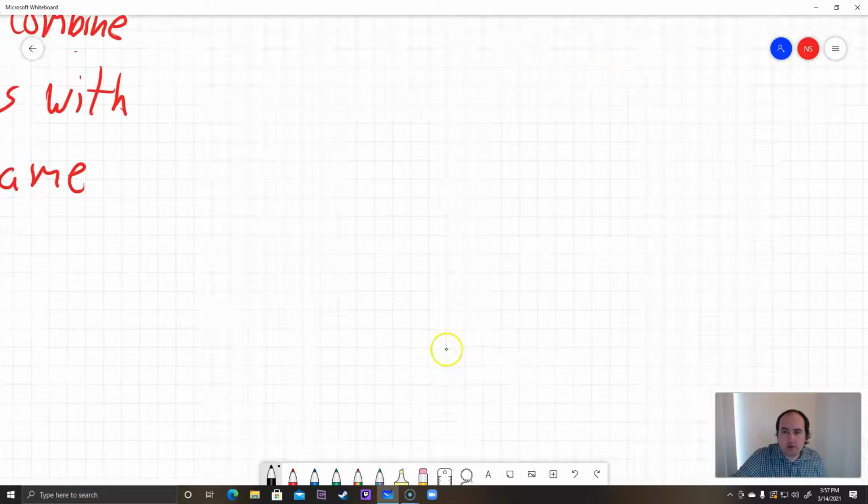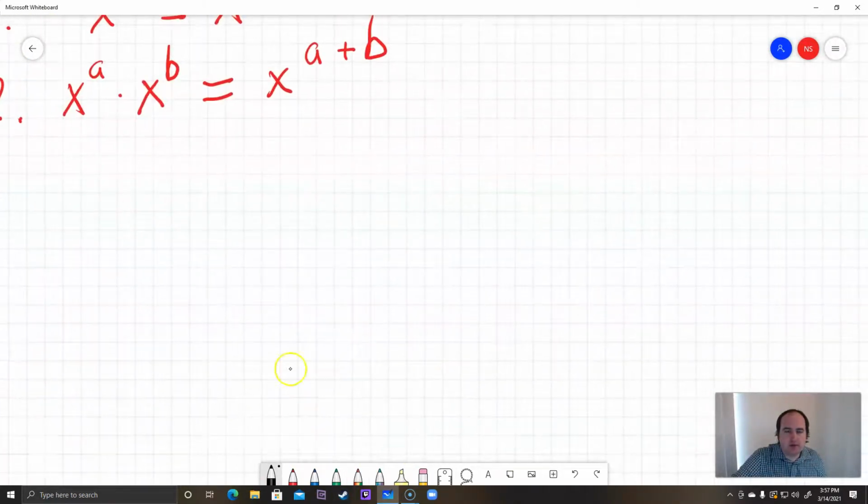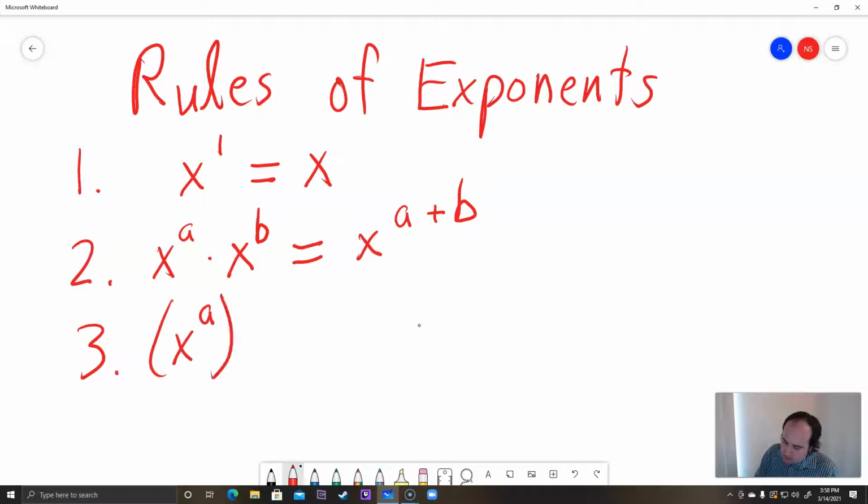So going back to our rules, okay, here we go. Let's learn another rule. So number 3 says that if you're raising a power to another power, so if you have x to the a, and then you raise it to the b, in other words, parentheses x to the a, parentheses to the b, you actually multiply the exponents.